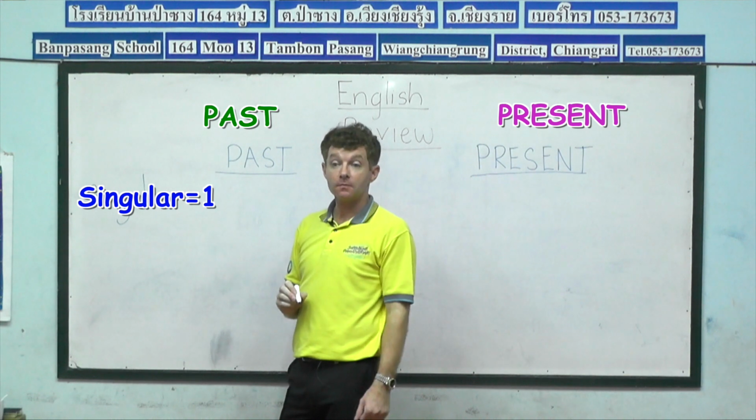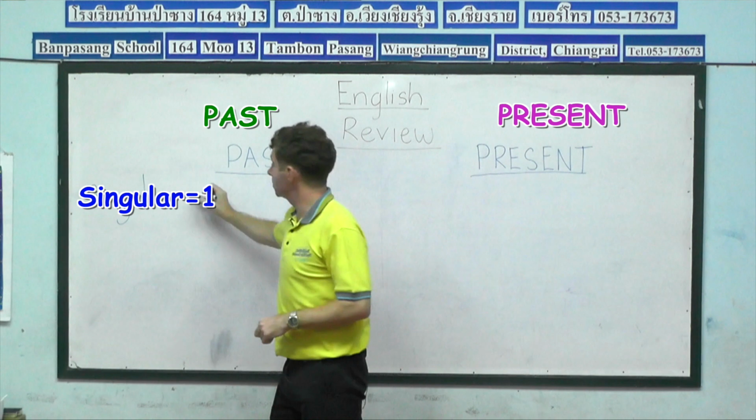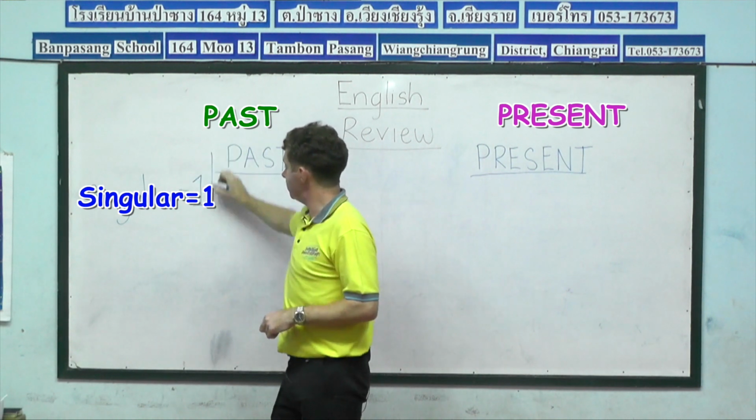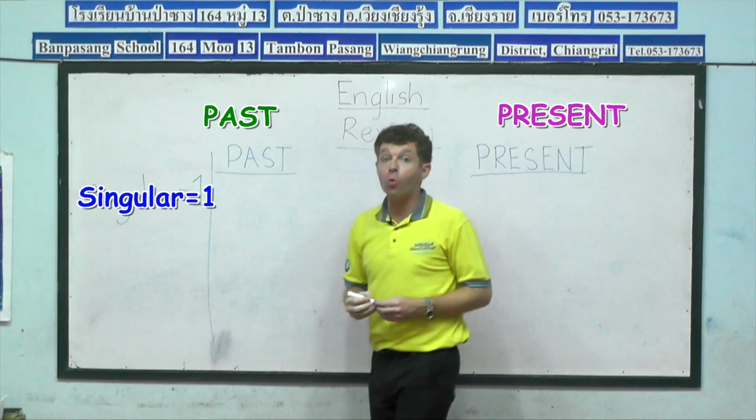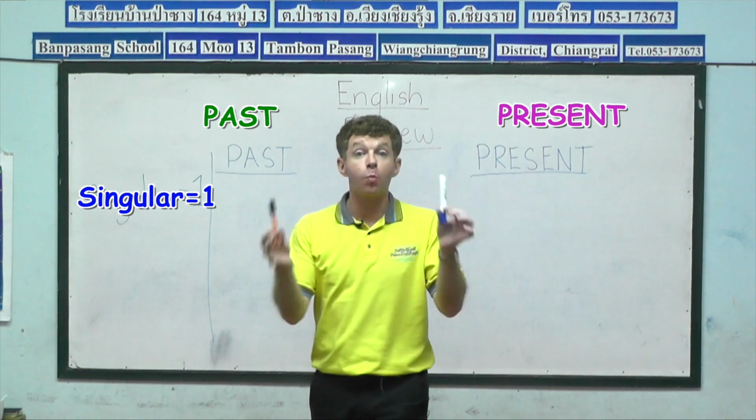S-I-N-G-U-L-A-R. How many does singular mean? One. Singular is always one.